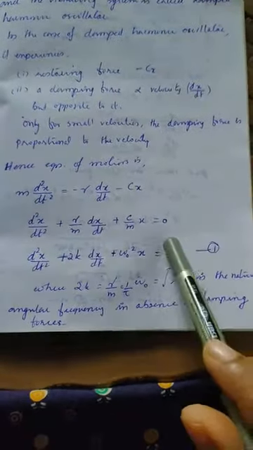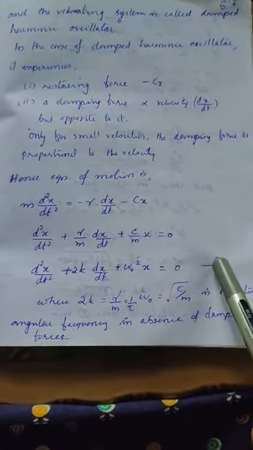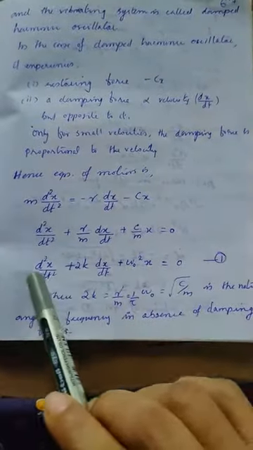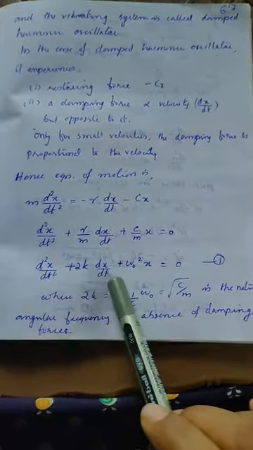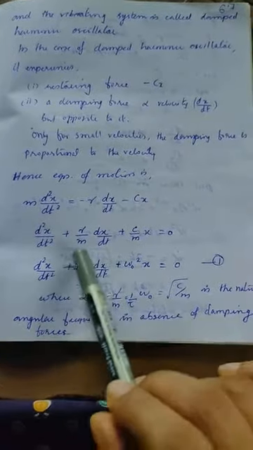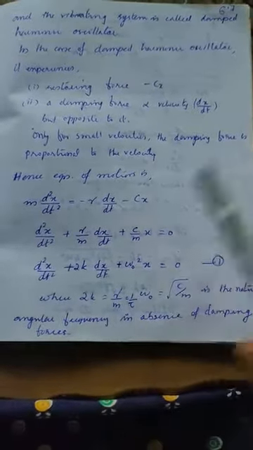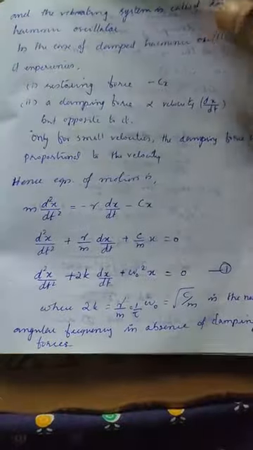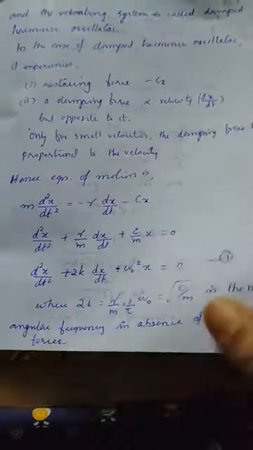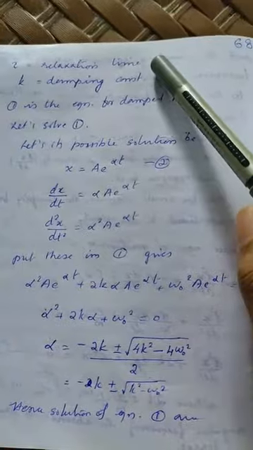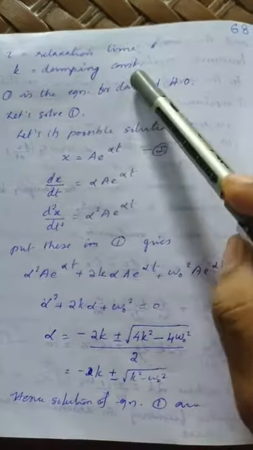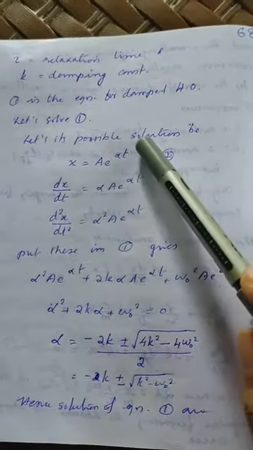So this equation represents the equation of the damped harmonic oscillator. Compared to the simple harmonic oscillator, an additional term appears here. This is due to the damping force offered by the medium. I have already said tau is the relaxation time and k is the damping constant.